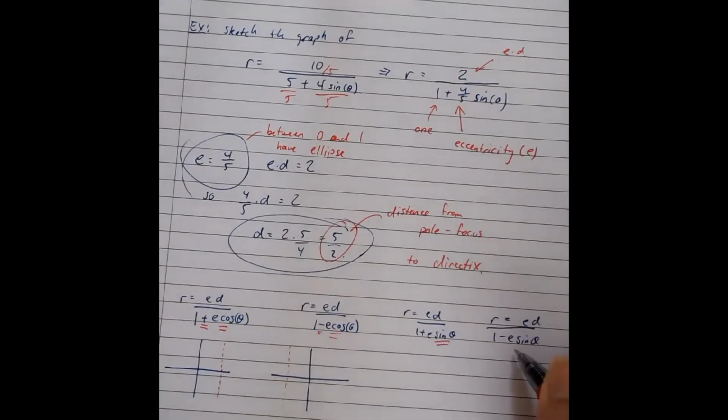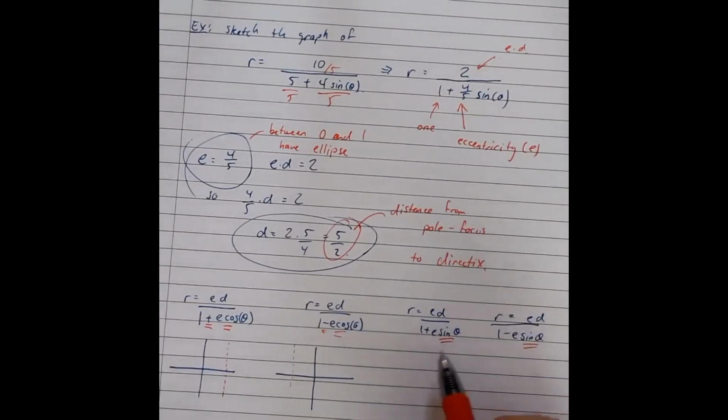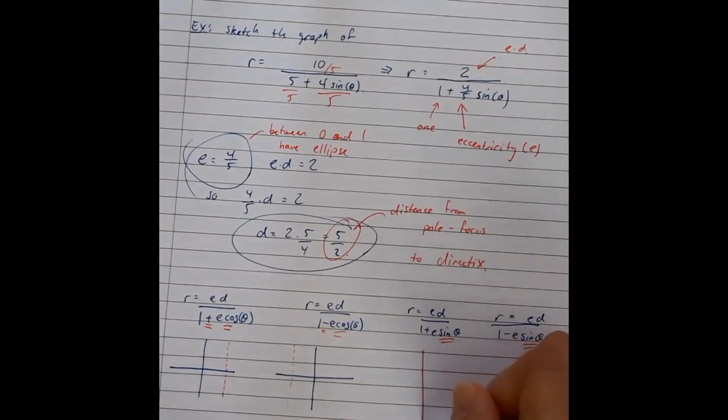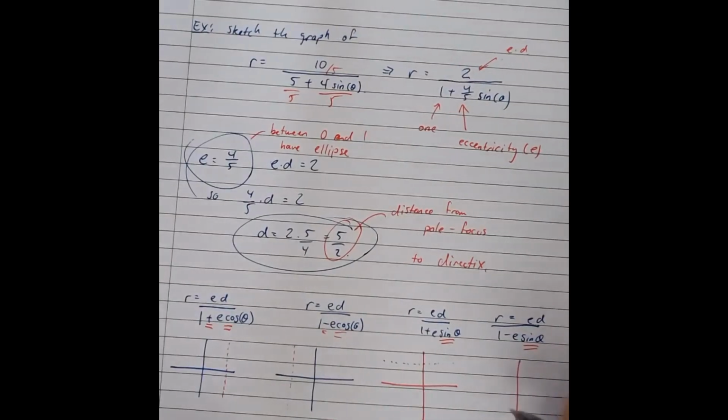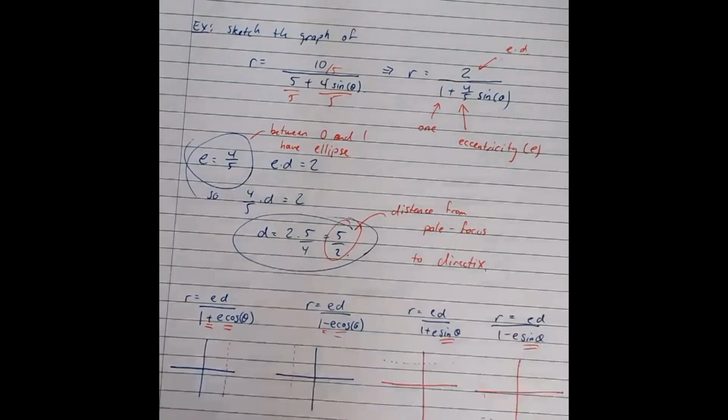So the fact that this is sine of theta makes these directrix horizontal. Here the plus and the minus tell you which direction. So here this will be positive, so it'll be a horizontal directrix above the pole. And over here we're going to have minus, so we'll have a horizontal directrix below the pole, just like that.